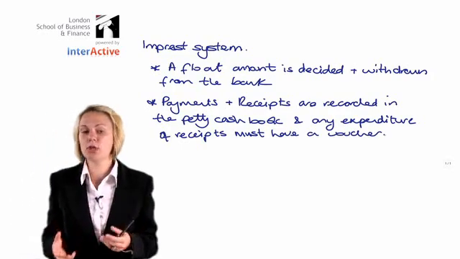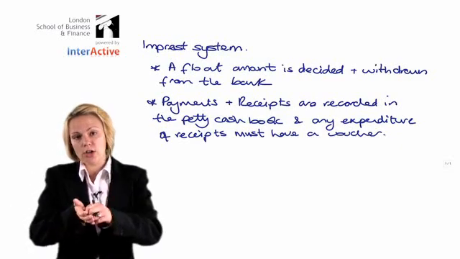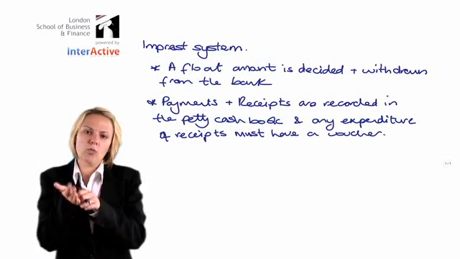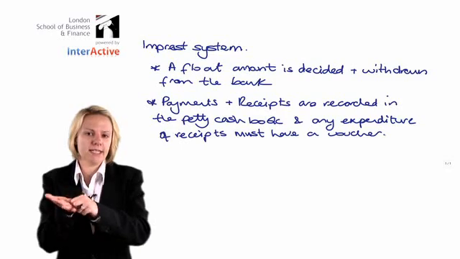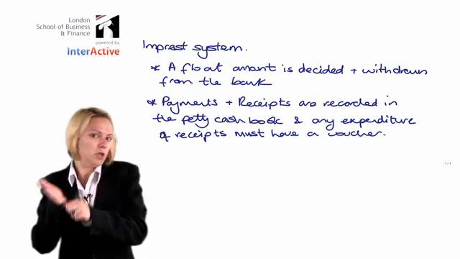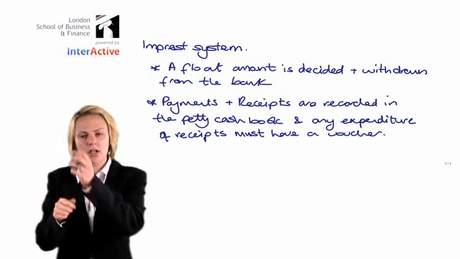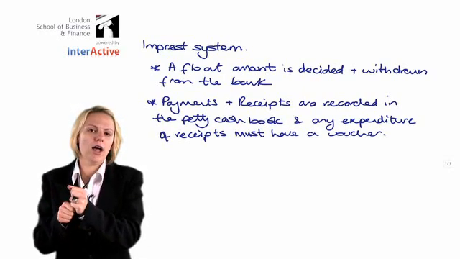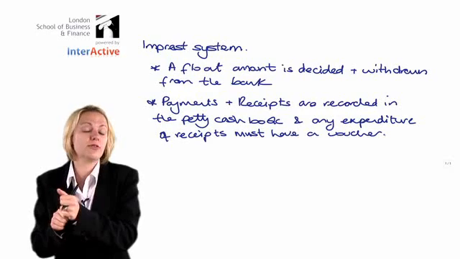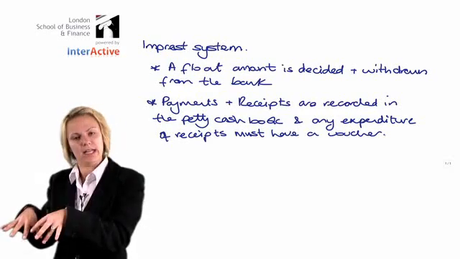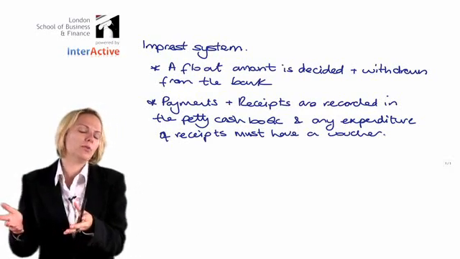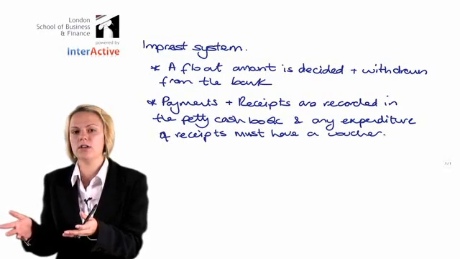So if you spend money on biscuits, like I said, you're going to write a little voucher, call it voucher 1, expenditure for biscuits, authorised by whoever is authorised to manage petty cash. We'll staple that to the receipt that we received from the shop for those biscuits and put it in the petty cash tin along with whatever cash is left over.